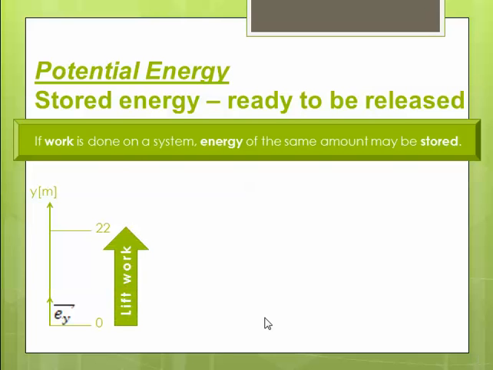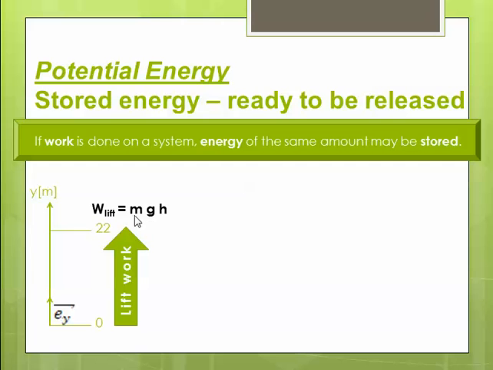Now, let's visualize it. We've got our body, it is at zero height. Now we lift it to the height of 22 meters. That means we do lift work on the body. The lift work was given by m times g times h.